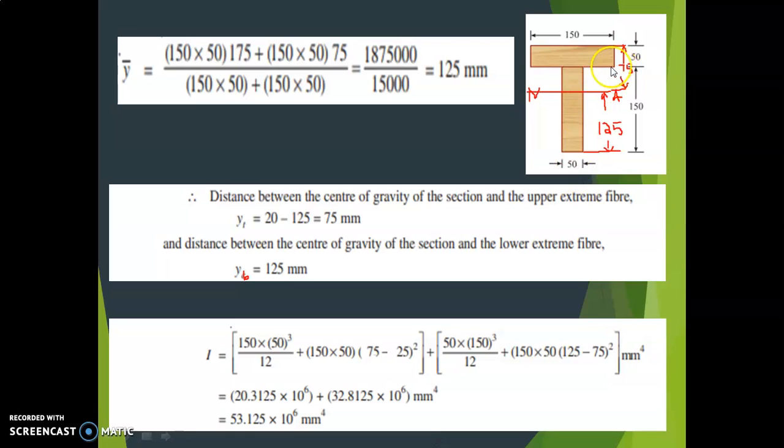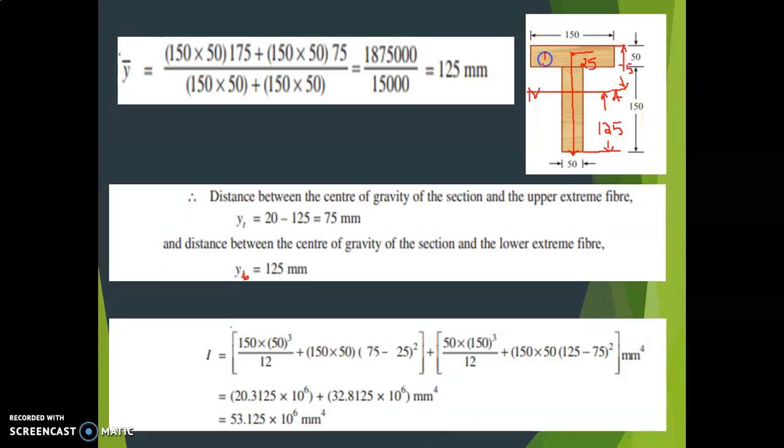Here it is 150. The CG of this section is exactly at the center, that is at 25 mm. So from here to here is 25, half of 50, plus this distance 150, so it becomes 175.